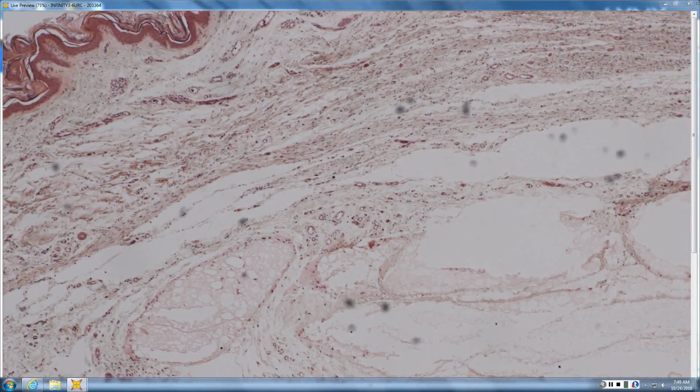It could be extracellular lipid, like in an eruptive xanthoma, but that tends to look crystalline. And this is more granular, with these little bubble-like spaces between it.